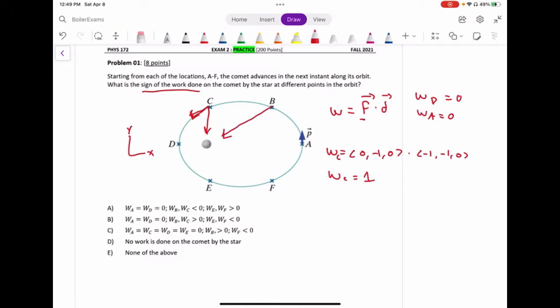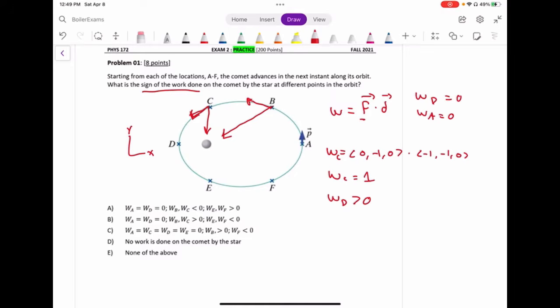So we know C is going to be positive. Let's look at B. Well, B, that's the force one, and then our displacement is going to look something like that. And work for B is also going to be greater than 0. And the reason here is because the dot product is kind of a measurement of similarity of direction of vectors.